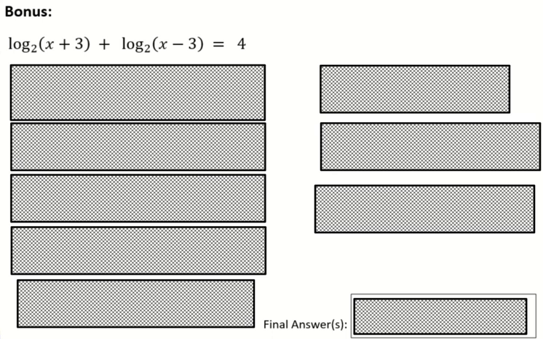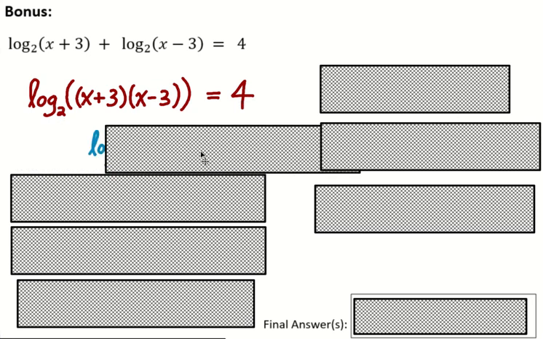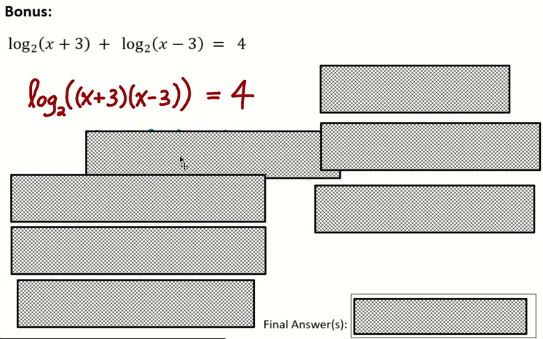So the first move is to smush them together by using the product rule. And so we get to here, and now we can convert. The base is 2, 4 is the exponent, so 2 to the 4th.